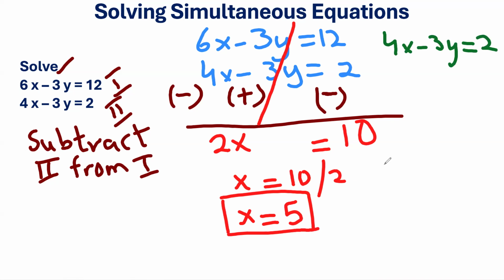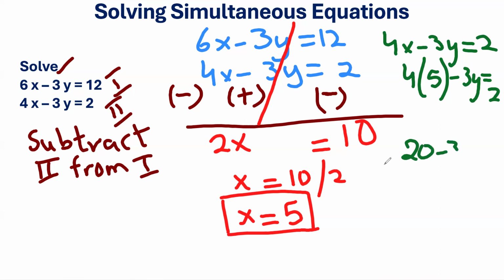We are finding y. X has been found. So keeping the value of x as 5, 4 multiplied by 5 is 20. 20 minus 3y equals 2.